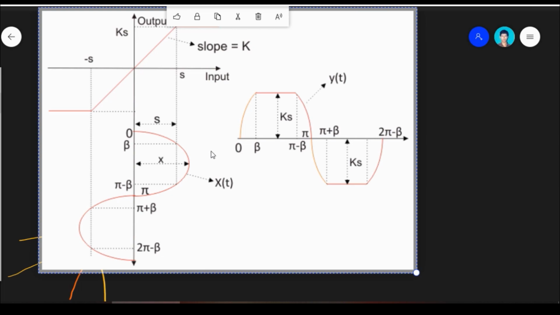So what is the point? Suppose you take an inductor that has a saturation issue, that is not a linear inductor. In that case you can't plot the phasor diagram of that inductor. You can plot the phasor diagram of your input current, because the input current is a perfect sine wave. But what about the output flux?